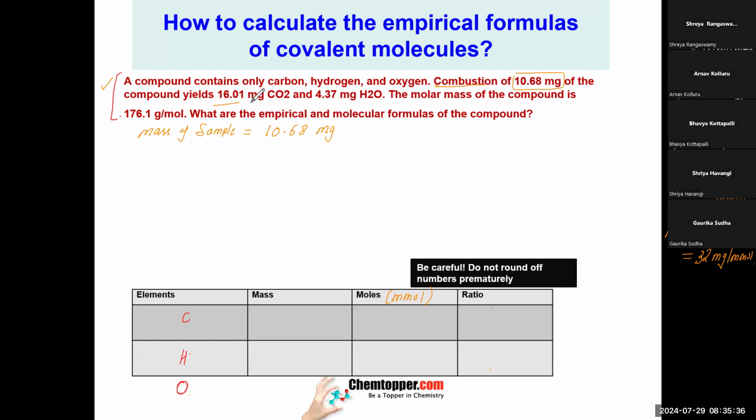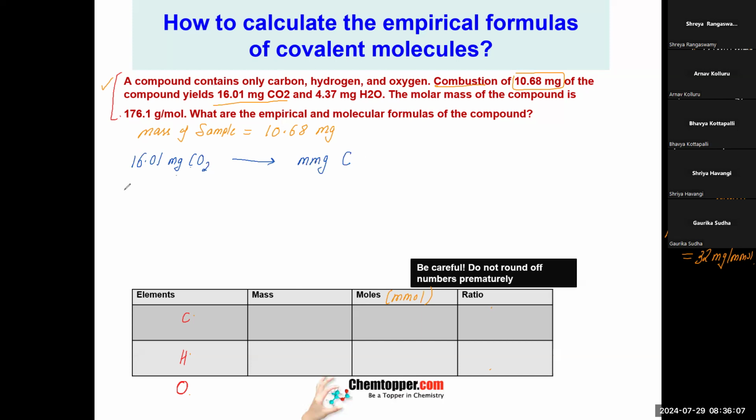How many milligrams of CO2? 16.01 milligrams of CO2. I want to convert these milligrams of CO2 to milligrams of carbon because the carbon has come from the sample only. So can you tell me how to go from milligrams of CO2 to milligrams of carbon?